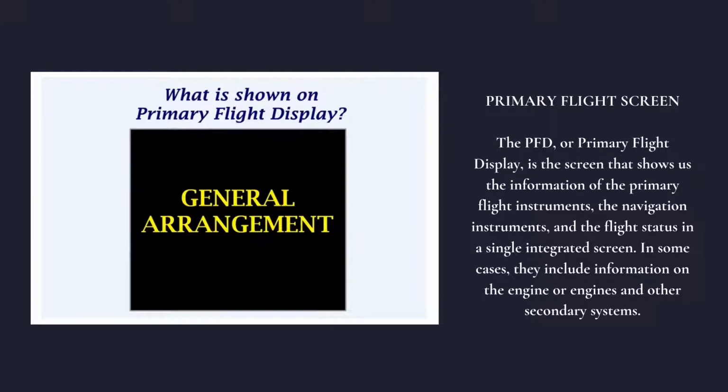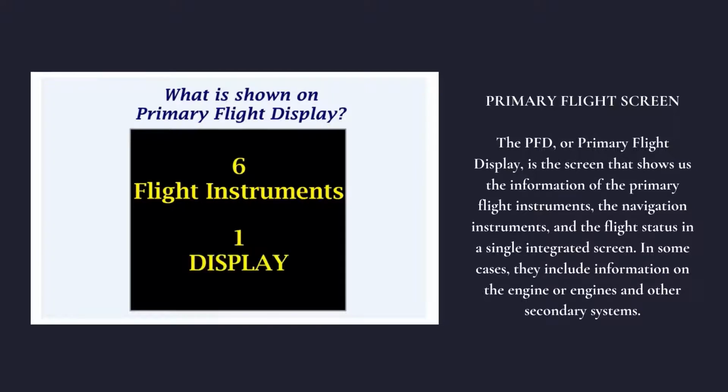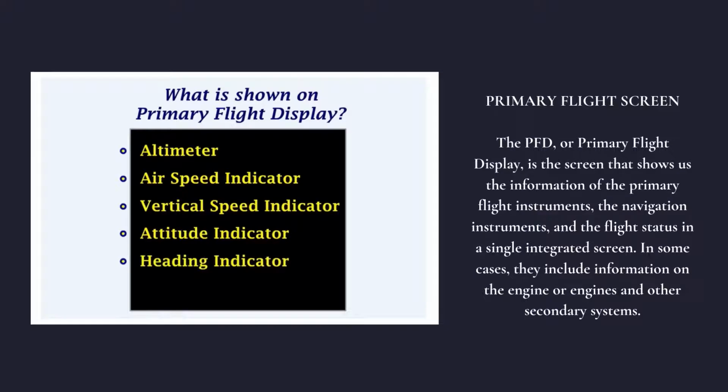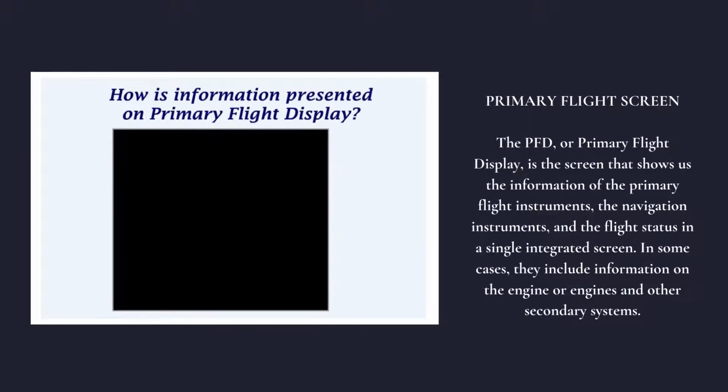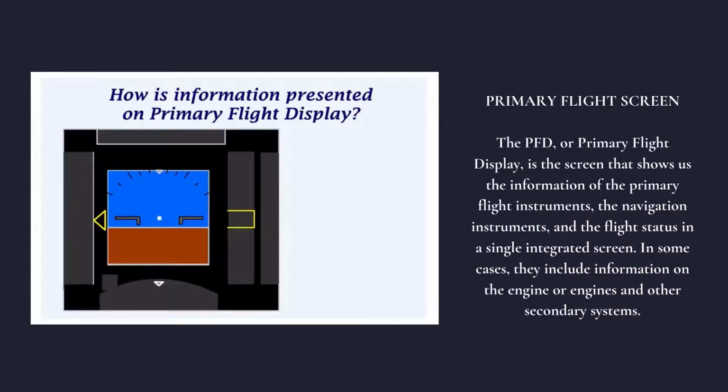However, we try to present these screens following two main criteria: priority and customs. According to priority, we can see that the attitude indicator in these systems is the one that is usually the largest and is located in the center of the screen.